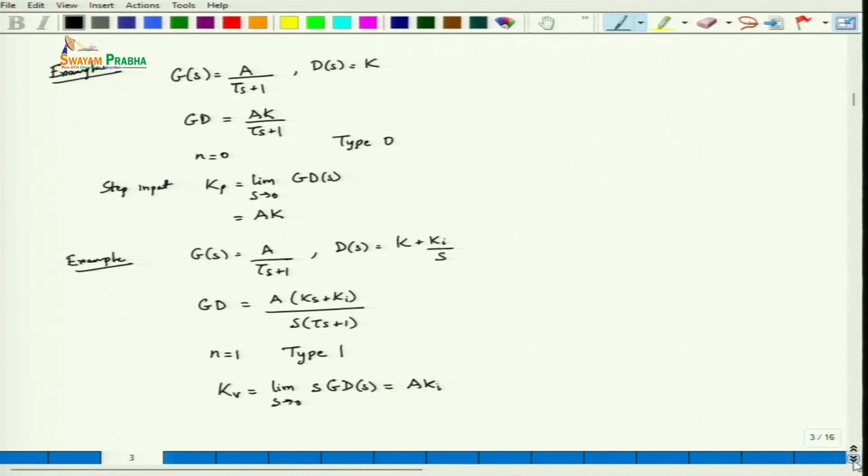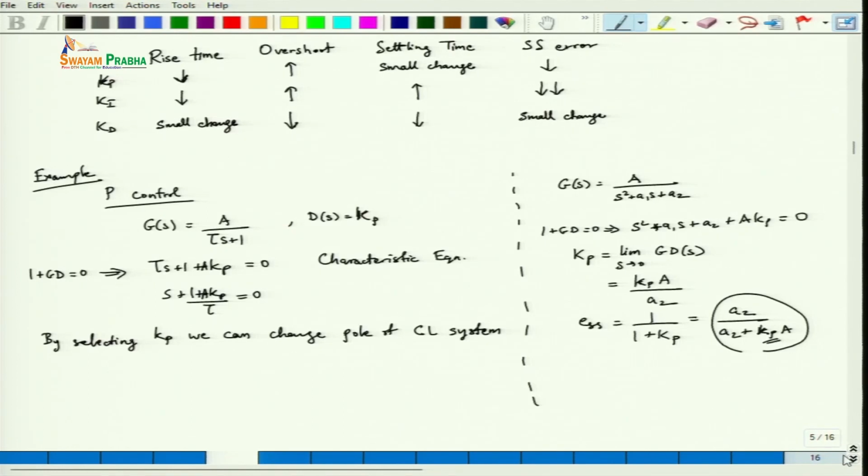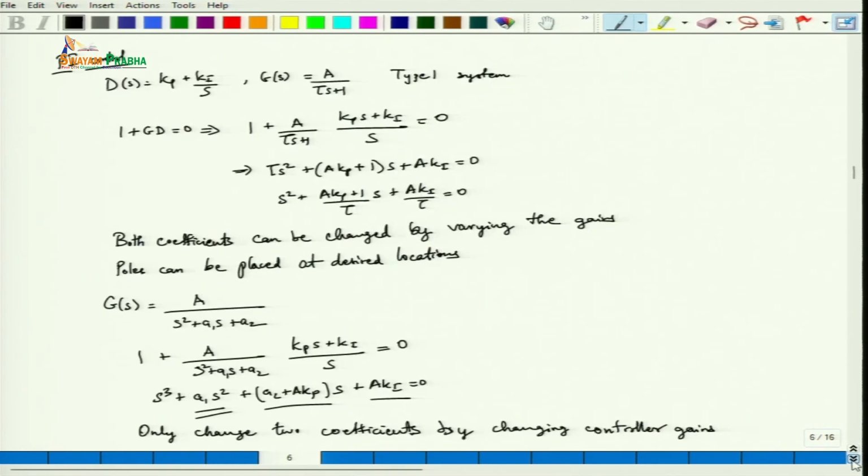And then we did few examples. Then we focused on PID controller, and how it will affect the rise time, overshoot, settling time and steady state error. And then we went on to do some examples with simple first order and second order system for P, PI and PID controllers.